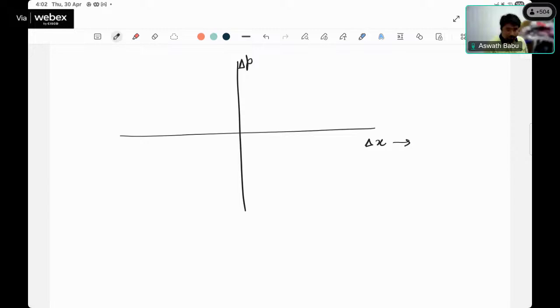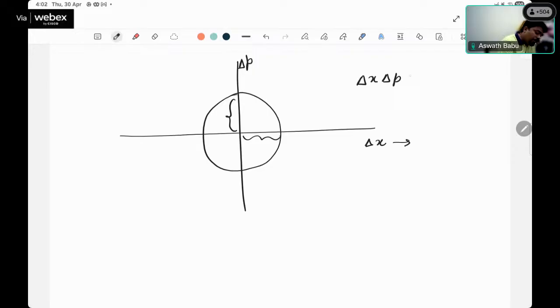At any given point, you can balance both of them and make them equal, so that delta x and delta p add the same contribution to the overall error.